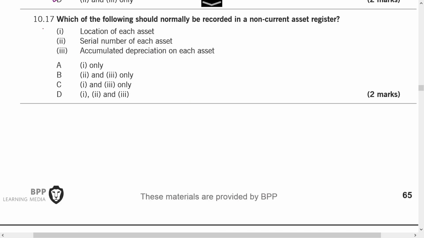Next we have question number 17. Which of the following should normally be recorded in the non-current asset register? Location of each asset, serial number of each asset, and accumulated depreciation on each asset. All this information is relevant, so all of them should be recorded.